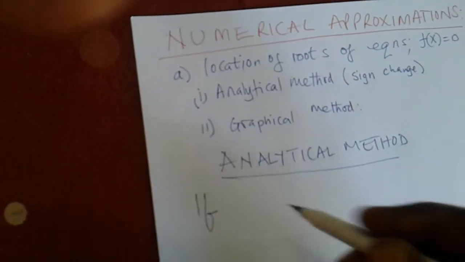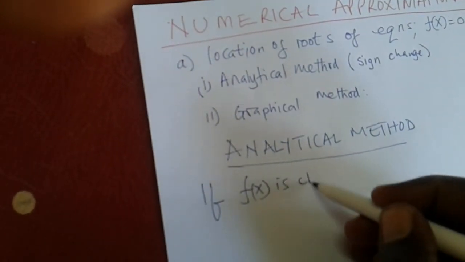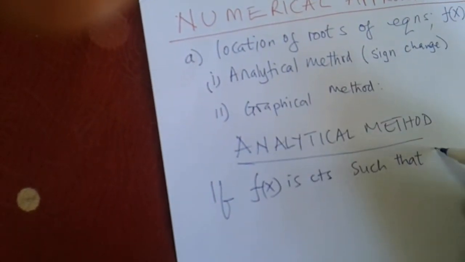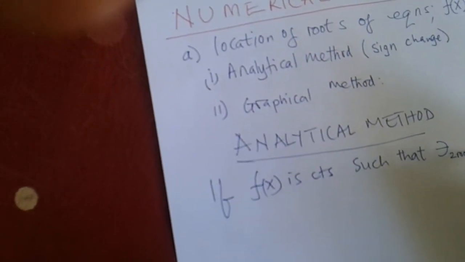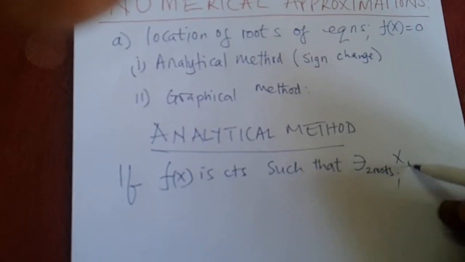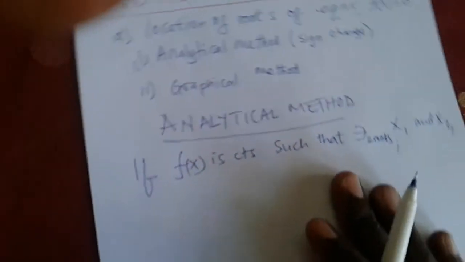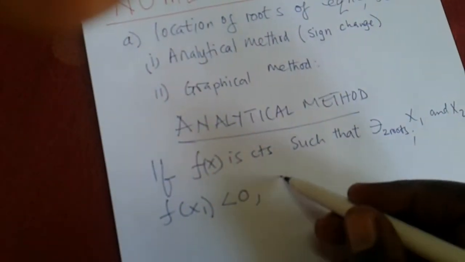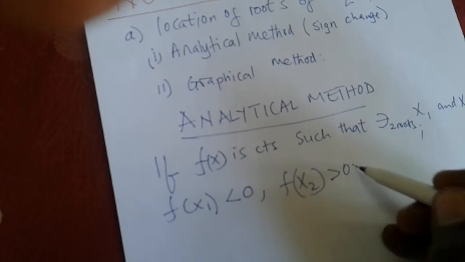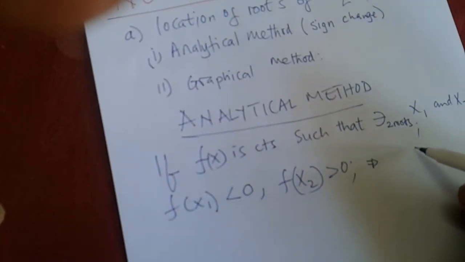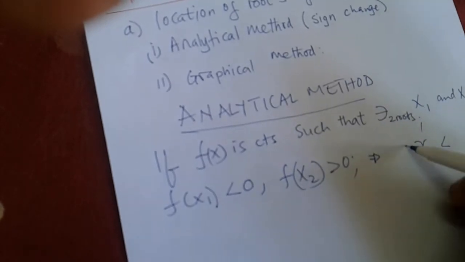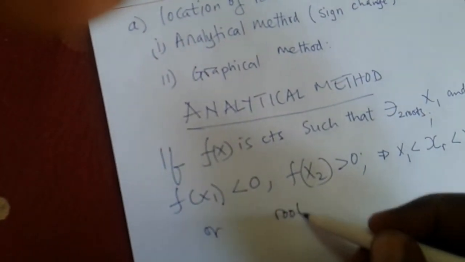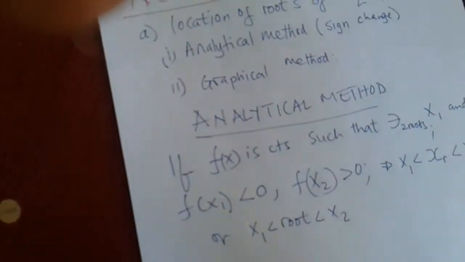If a function, say f(x), is continuous such that there exist two points, x1 and x2, and f of x1 is less than 0, f of x2 is greater than 0, this will imply that there is a root in the interval x1 to x2, or there is a root between x1 and x2.